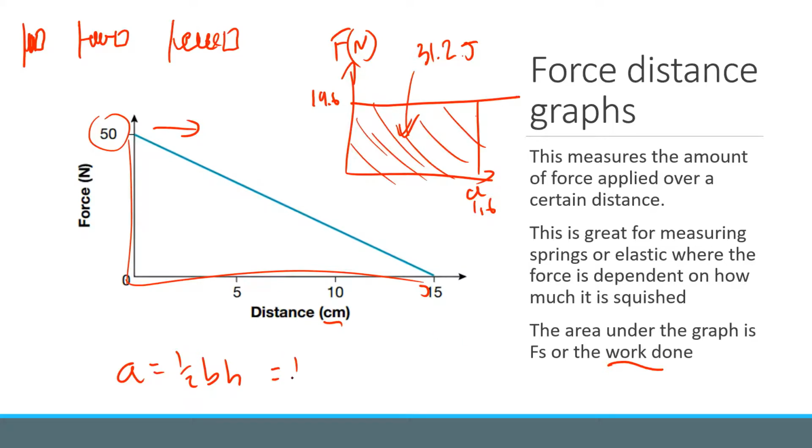So a half times 0.15 times 50 newtons high. 0.5 times 0.15 times 50 gives us 3.75 newton meters, or 3.75 joules. So that's how much energy we can get out of compressing this spring.